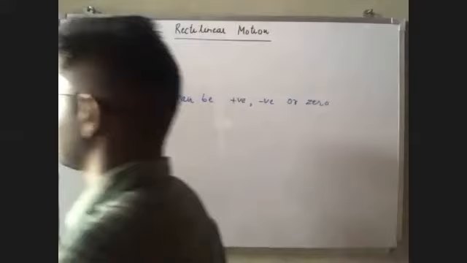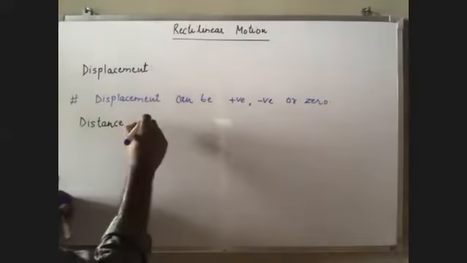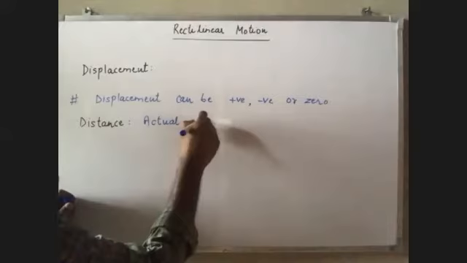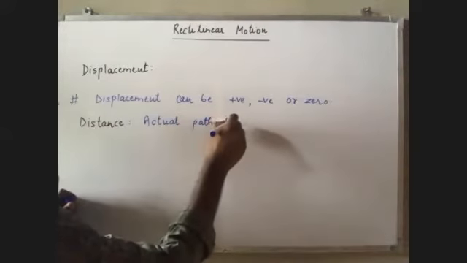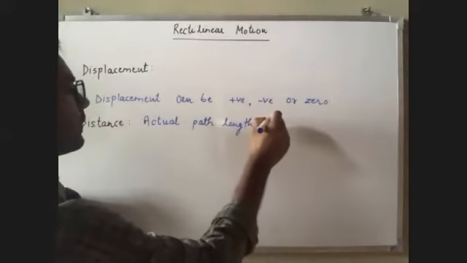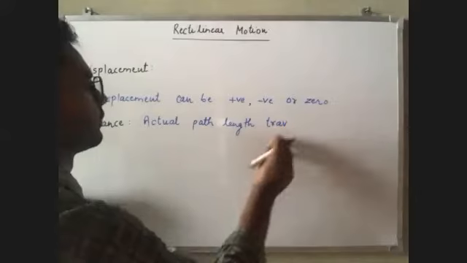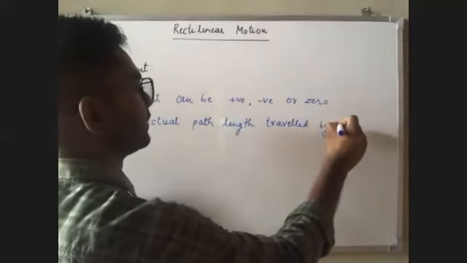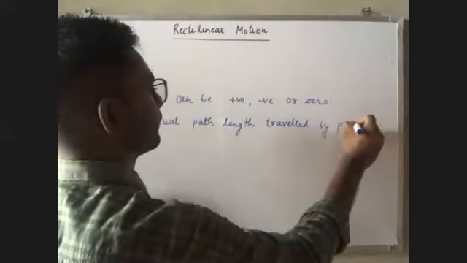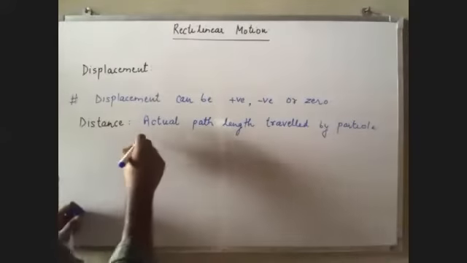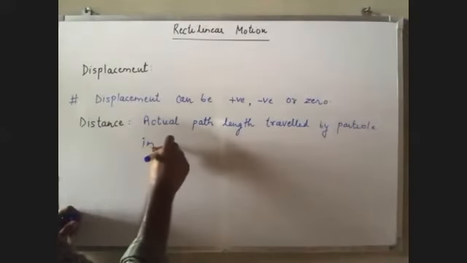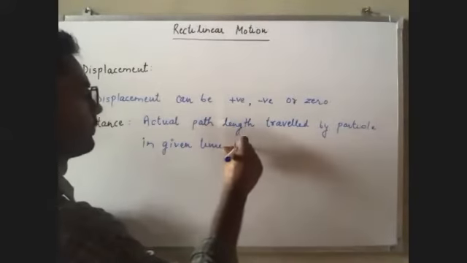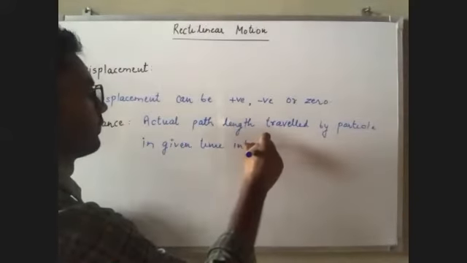Distance is the actual path length traveled by a particle in a given time interval.